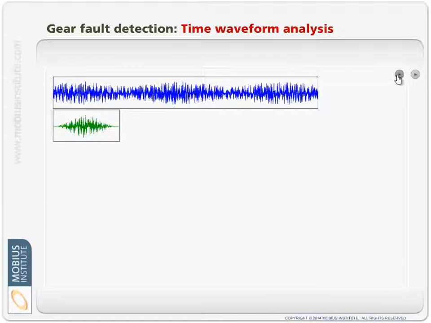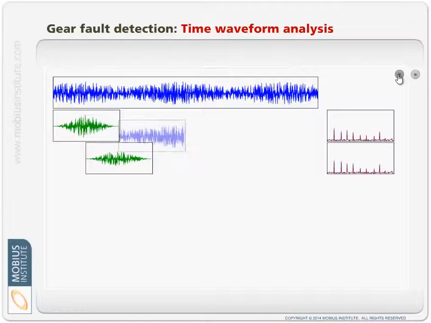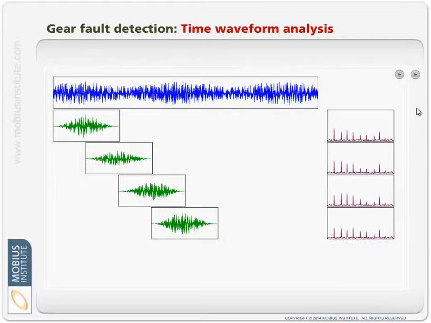So it grabs that, it windows it, calculates an FFT, and grabs another chunk, and there may be overlap, and it windows that and calculates another FFT, and does it again and does it again, and we end up with these 4 time waveforms, and 4 spectra, and we average it together.